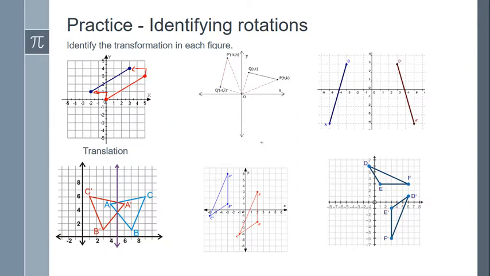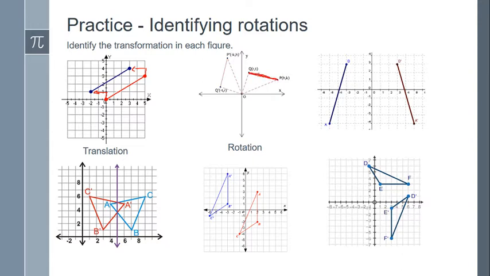How about the second figure here in the middle? Now we're looking again at two line segments. Notice that here the little dashed lines represent the distance from the point to the origin, which is our center of rotation. And we can see that in this case, a rotation was in fact performed. Notice how the line did change its orientation.